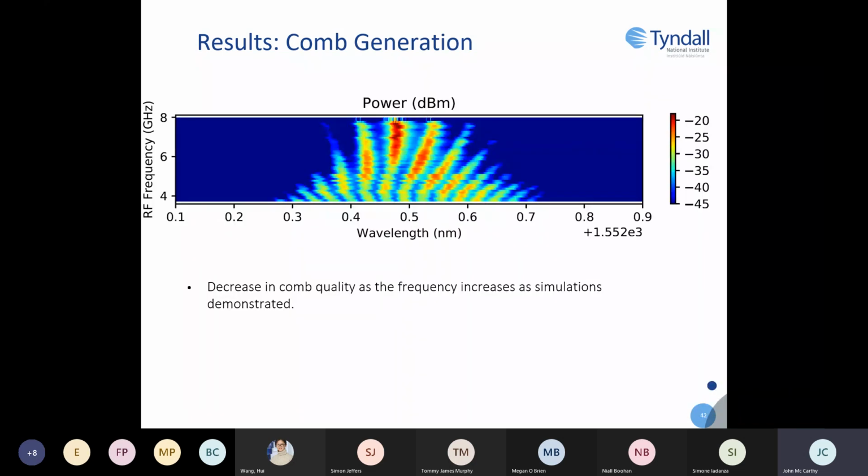I have a three-dimensional plot here that was obtained experimentally, showing how this decreases as the RF frequency increases, which is what was theorized in the previous simulations.